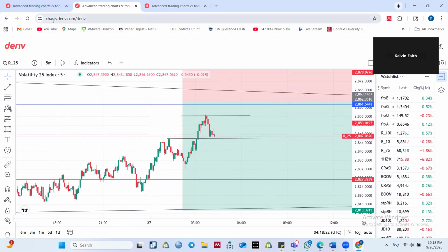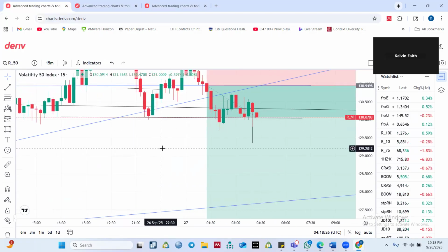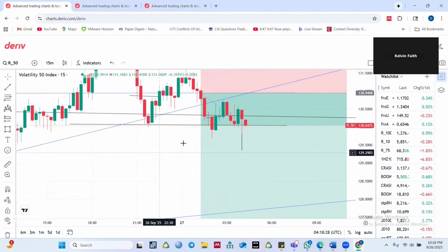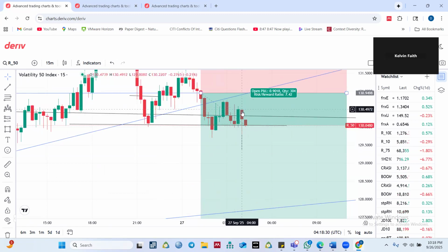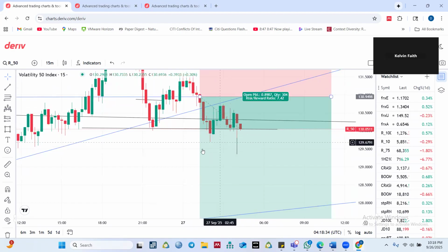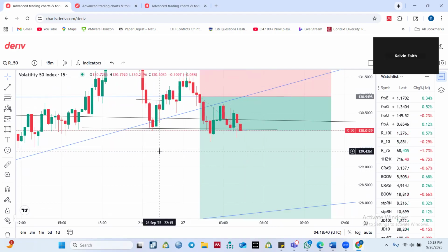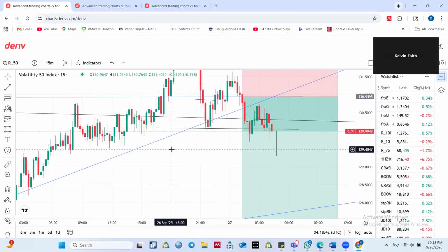Let's check on the 50 index. Oh my God. So the 50 index moved up again, but engulfed on the black line. And currently, if the current 15-minute candle closes below this black line, it is going to push to the downside.